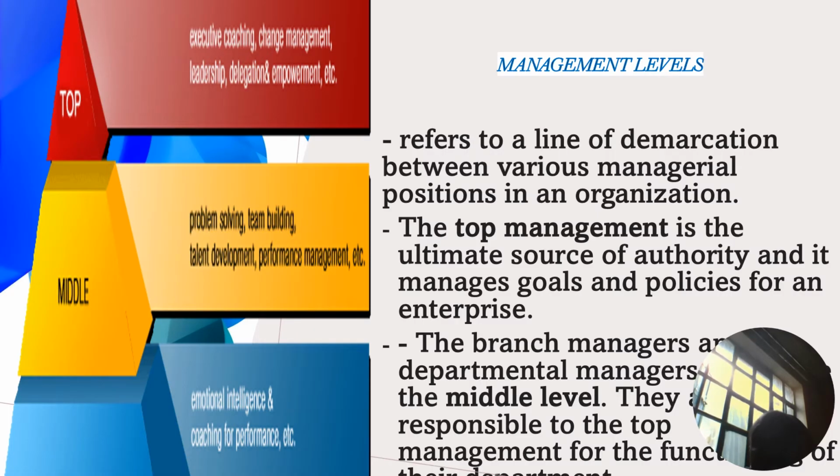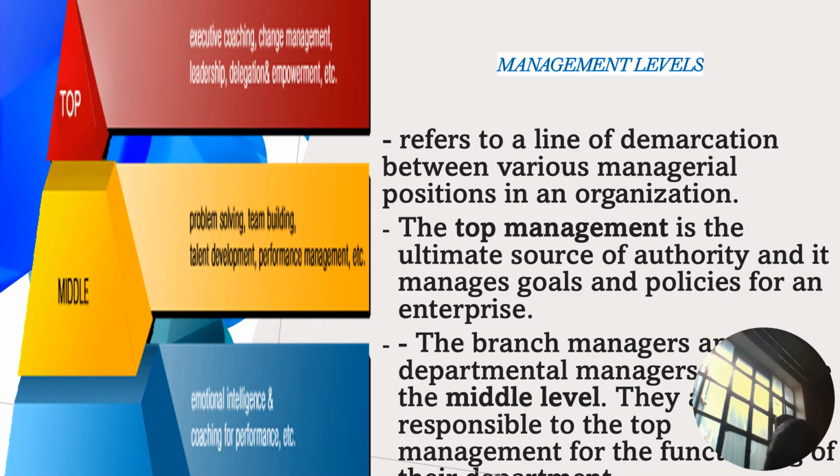The management levels. We have 3 management levels: the top level, the middle level, and the lower level. What are these management levels? The management levels refer to a line of demarcation between the various managerial positions in an organization.